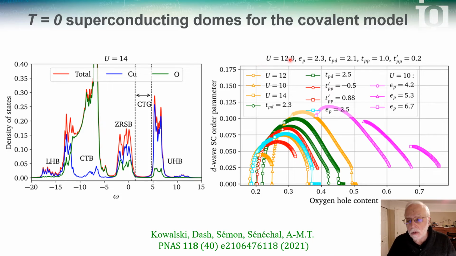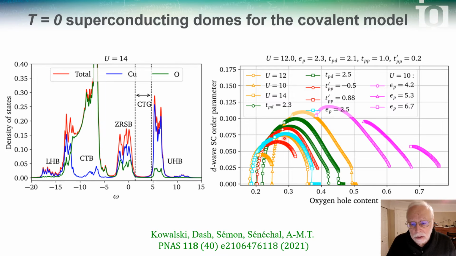So for our covalent model here, we plot the d-wave superconducting order parameter as a function of oxygen hole content. These various domes here correspond to different materials, in other words, to different parameters. The parameters here are changed one at a time compared with this reference material.